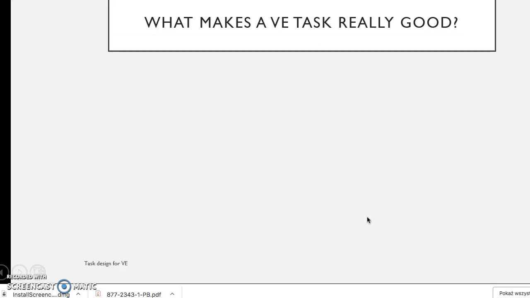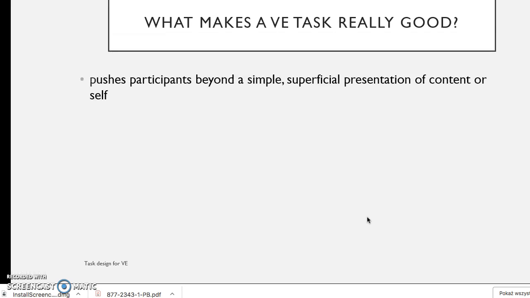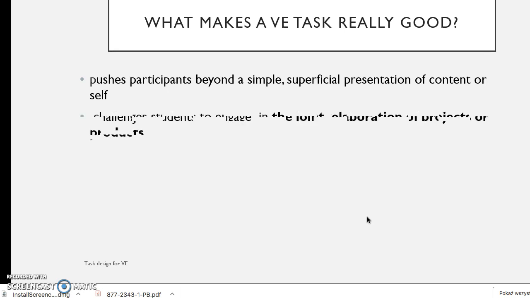What makes a virtual task really good? Above all, it should push participants beyond a very simple, superficial presentation or representation of content, or self. Then it should challenge them to engage in the joint elaboration of projects or products.